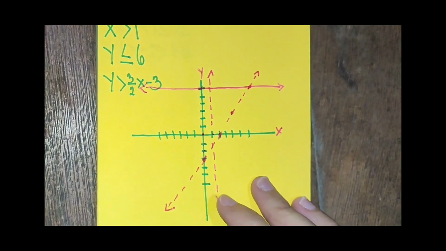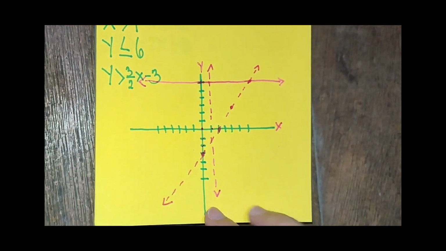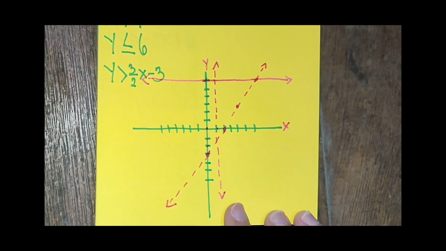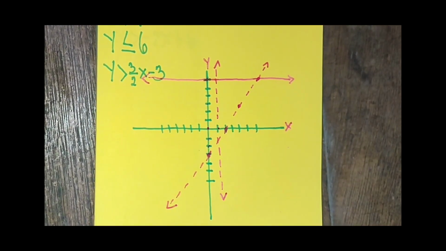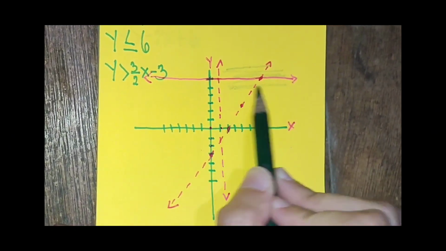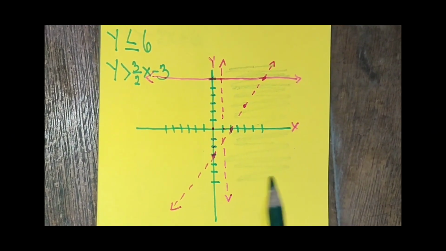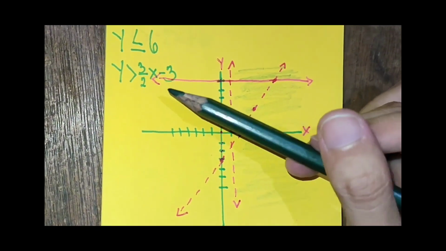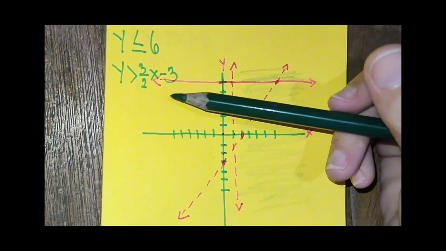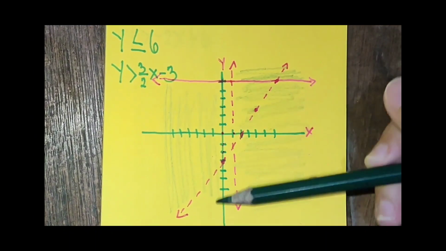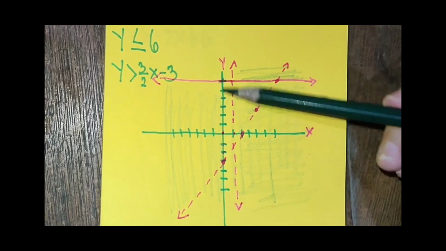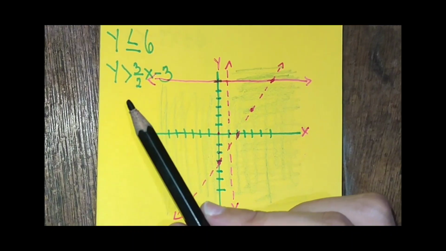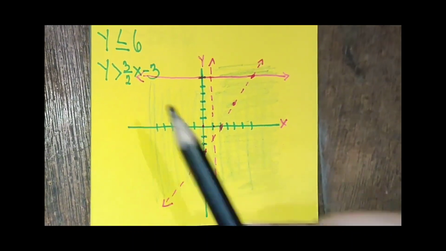So, isi-shade natin tong una. Nasaan yung 1? Yung greater sa 1. So, papunta dito. Shade natin pa ganito. Sunod, less than, pababa. Tapos ito naman, greater than.